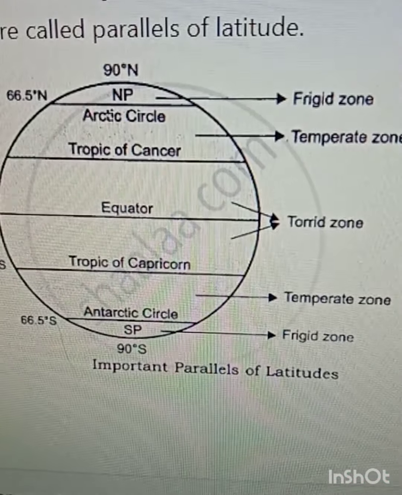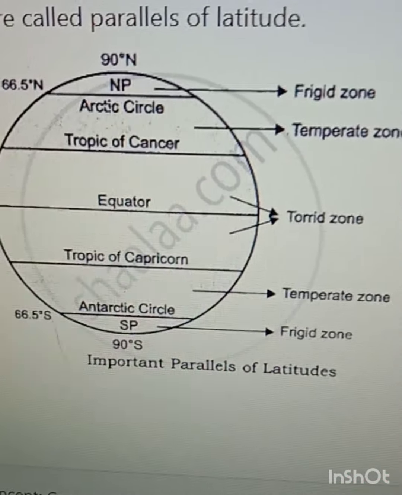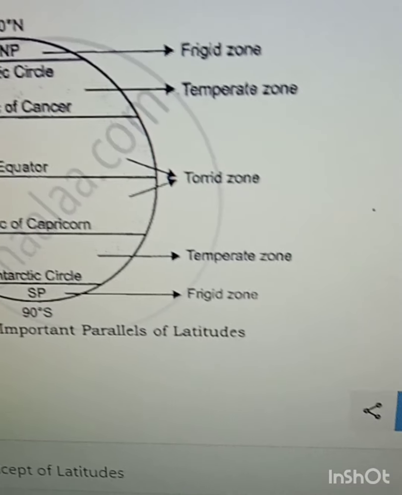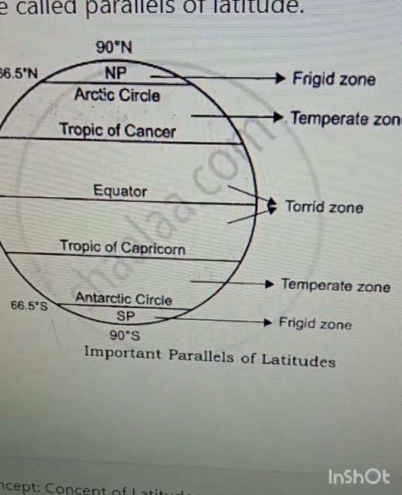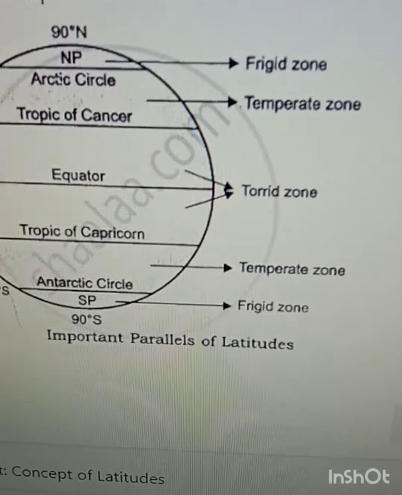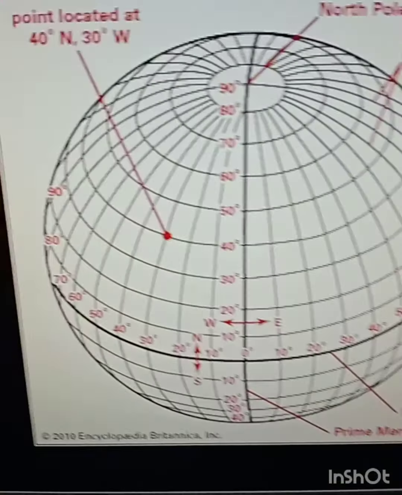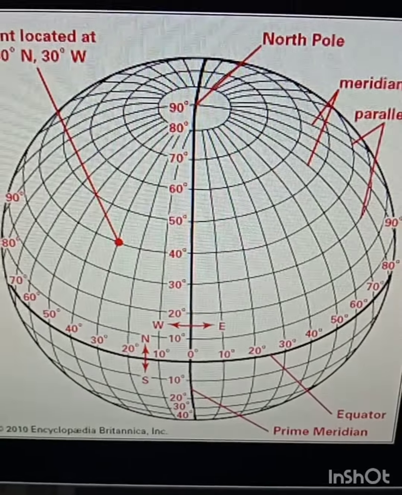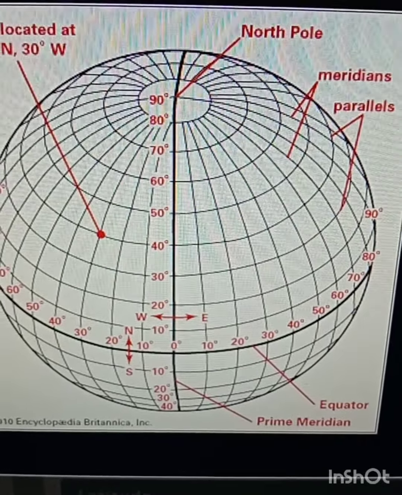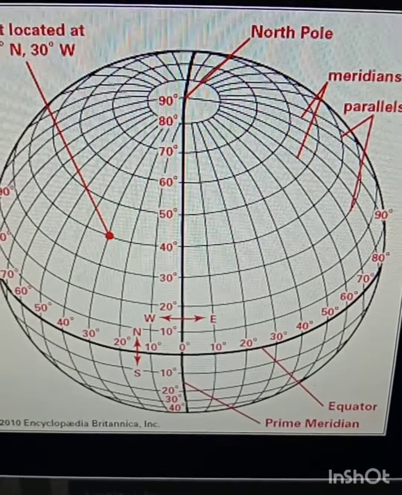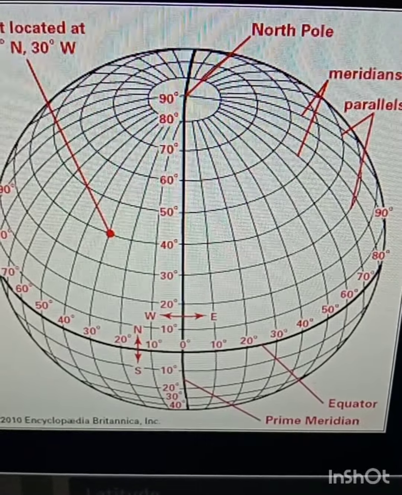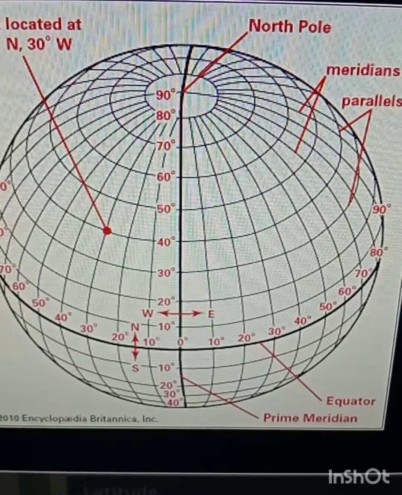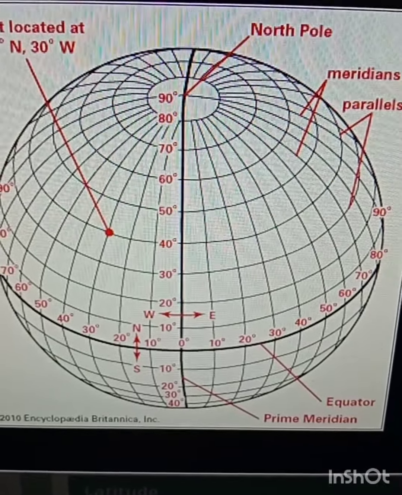Latitude is measured in degrees from 0 degrees to 90 degrees, north or south of the equator. Degrees of latitude are measured from the equator. A radius is the line drawn from the edge of a circle to its center.